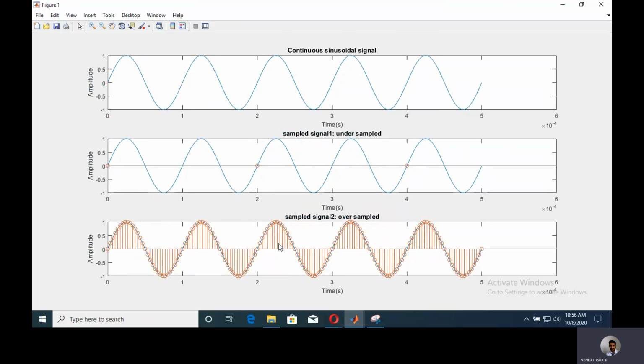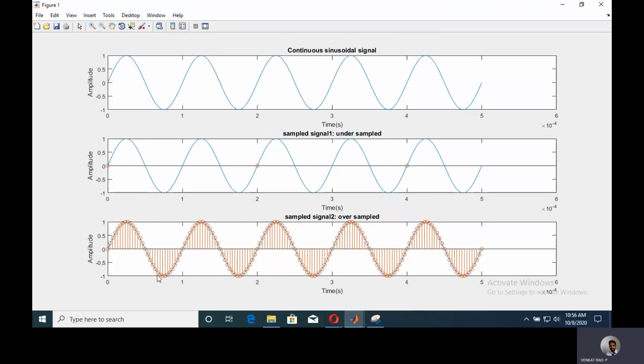So what is our condition? In order to perfectly reconstruct the signal, the sampling frequency must be greater than 2 Fm, at least. If Fs is much greater than 2 Fm, then we can perfectly reconstruct the original signal.